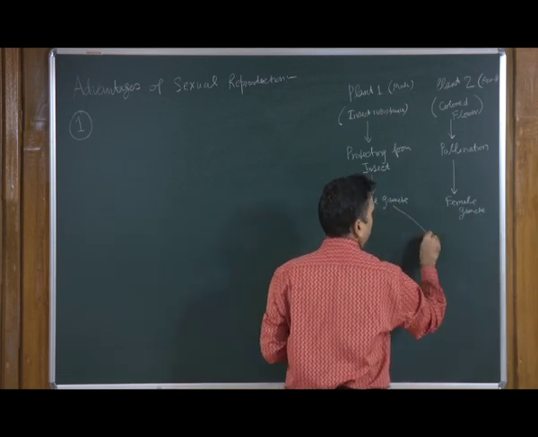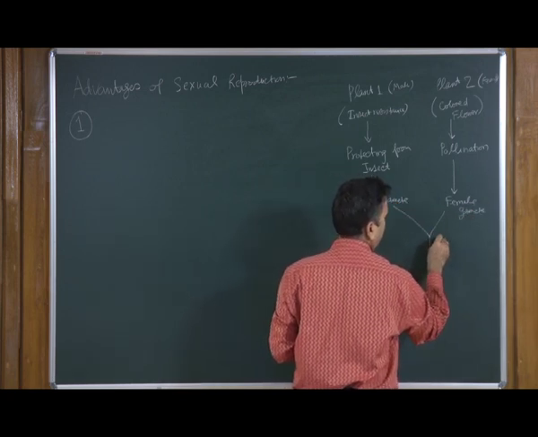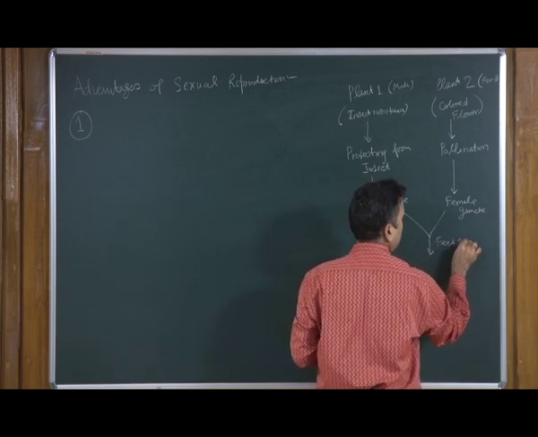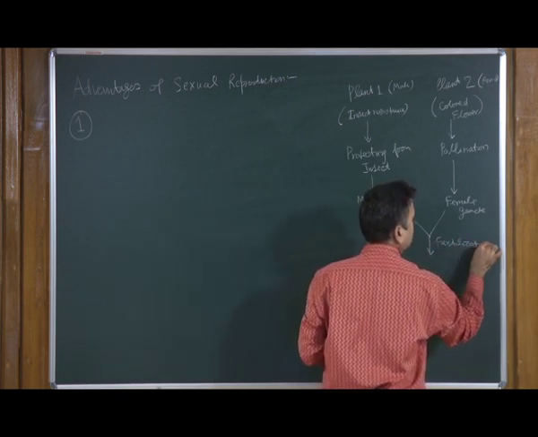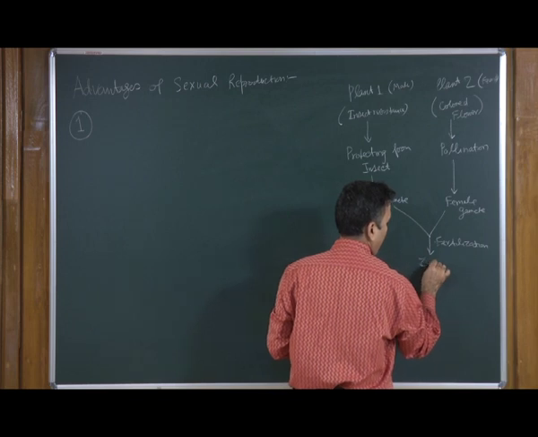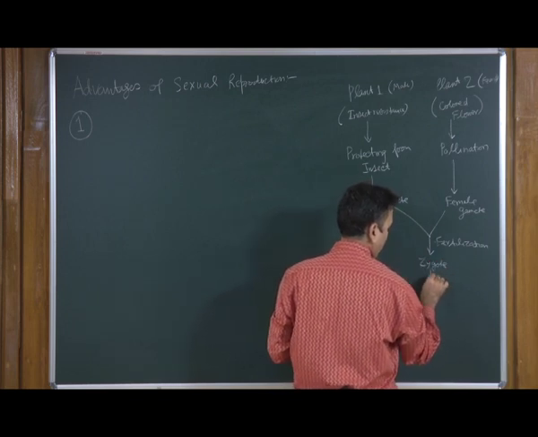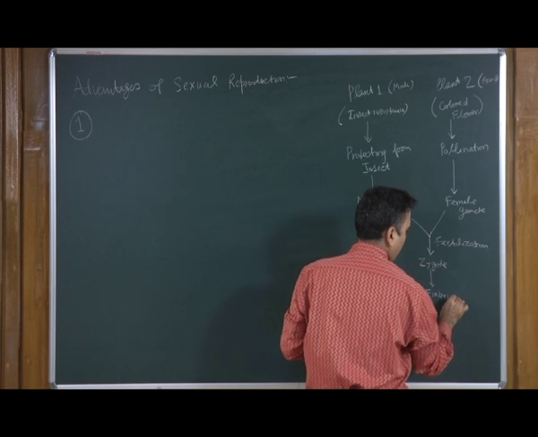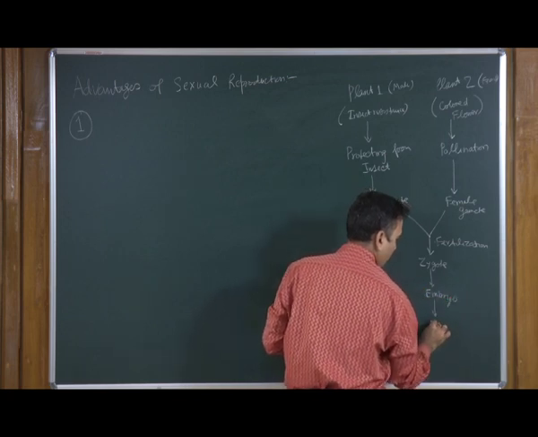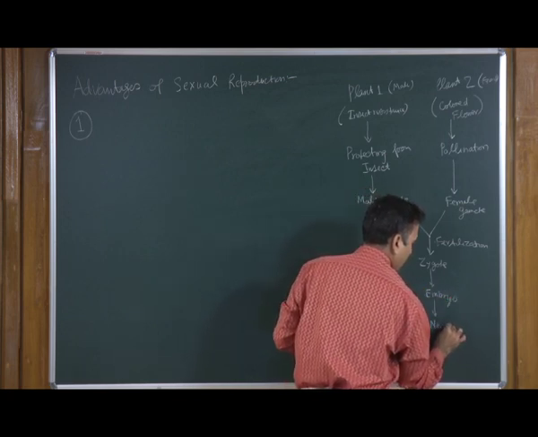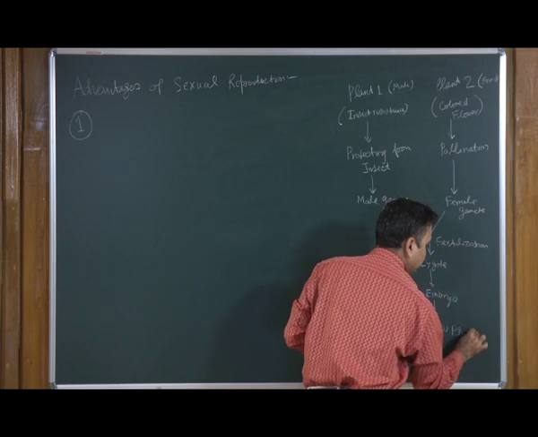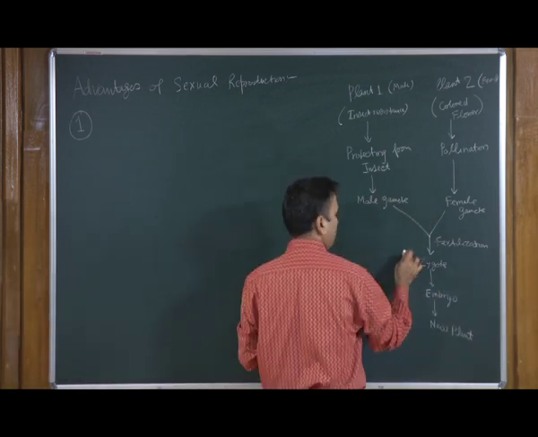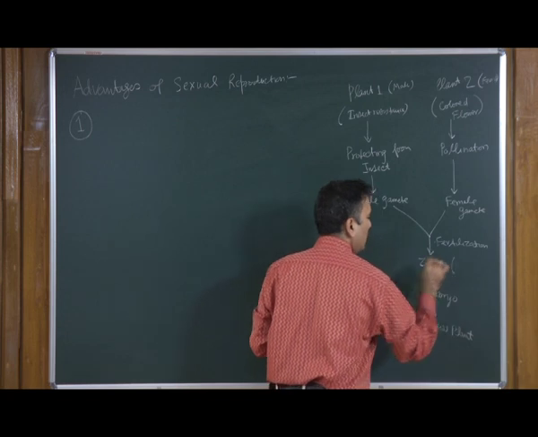Okay. And then eventually they go for fertilization, and they will form a zygote followed by an embryo followed by a new plant. Okay.